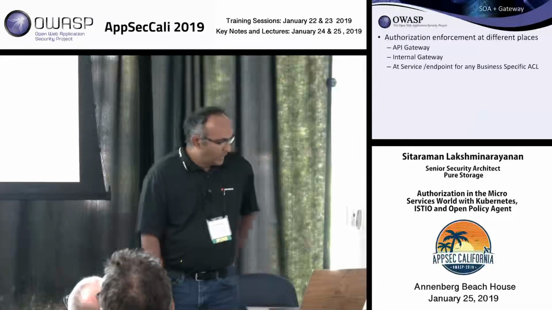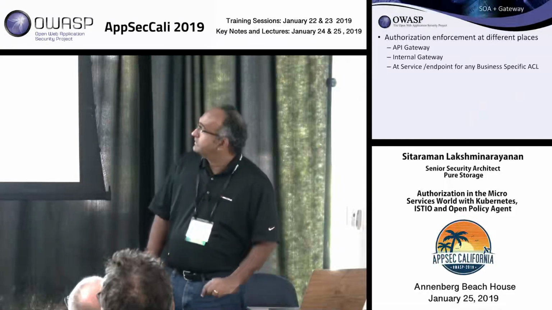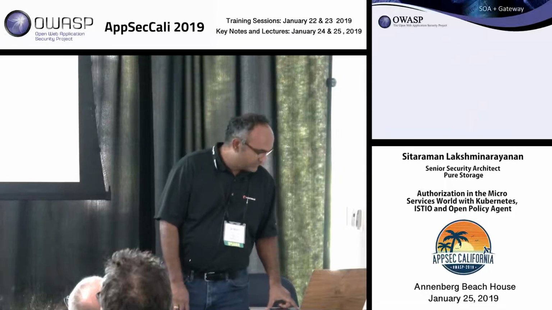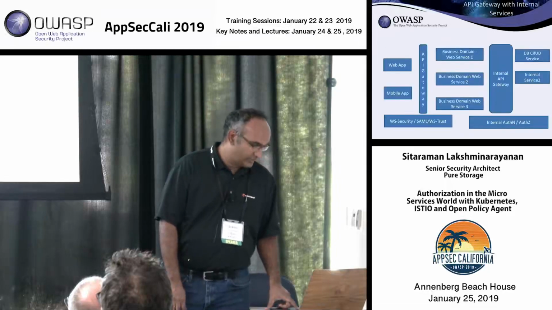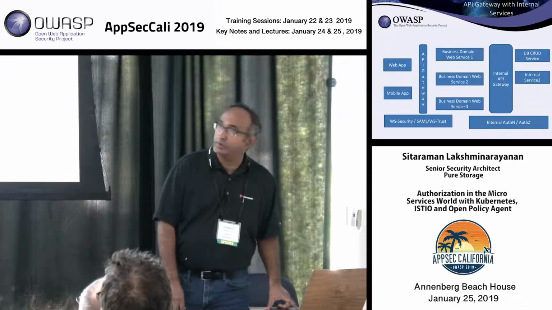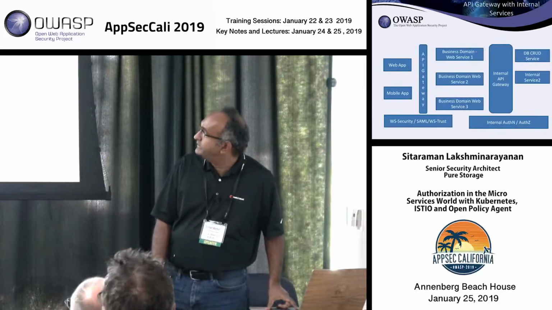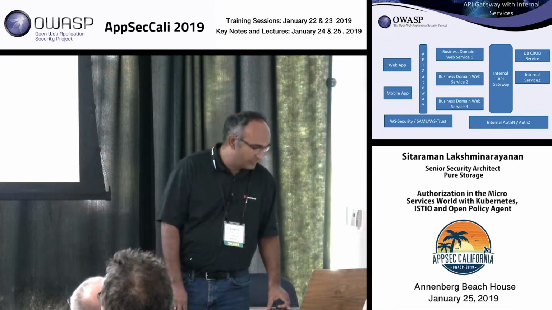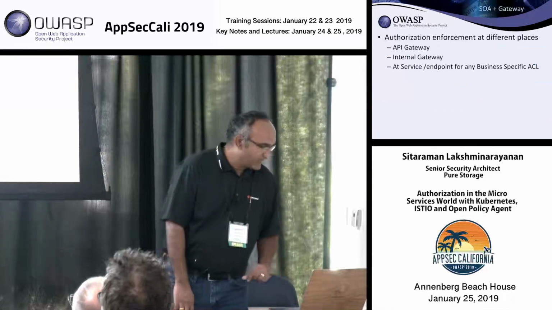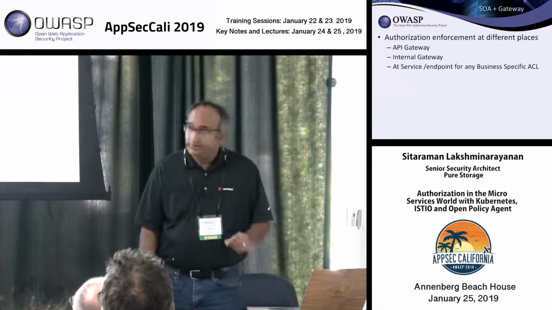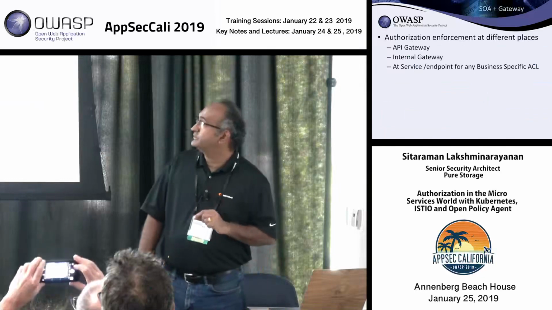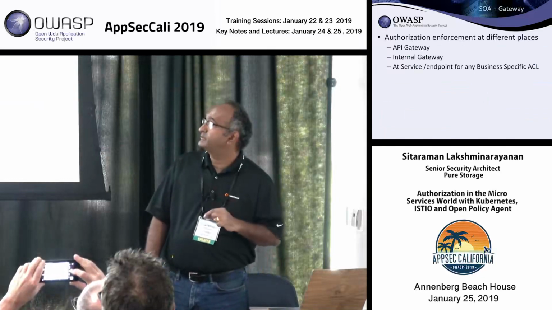So if we go back to the previous slide, right? This is the authorization, right? You'll be enforcing authorization at the gateway layer, at the web application layer, and then in the internal services if you want to do even more fine-grained access control. That means your authorization logic is now in multiple places, right?